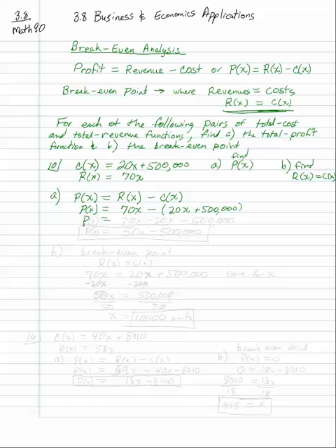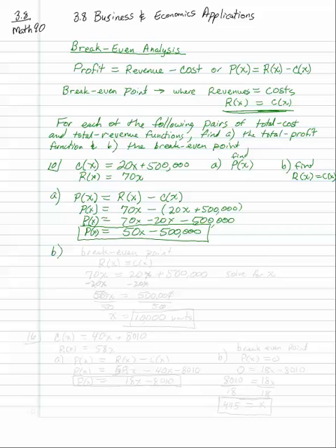Our profit function will simply be 70x minus 20x minus 500,000. Combine like terms, so we get 50x minus 500,000. Okay, so that's for A.